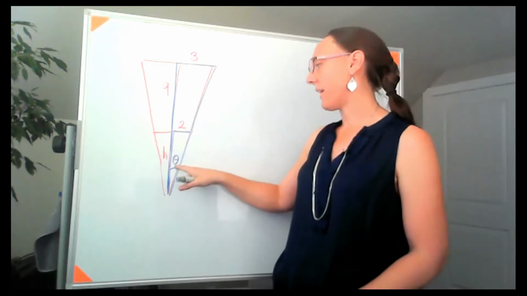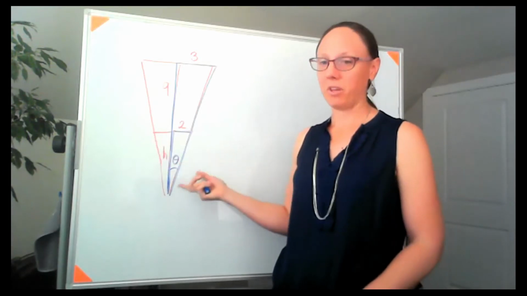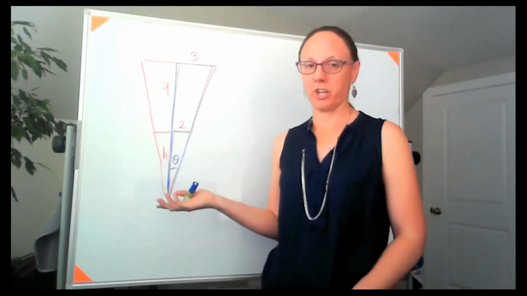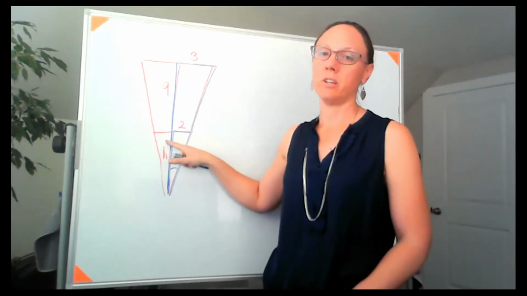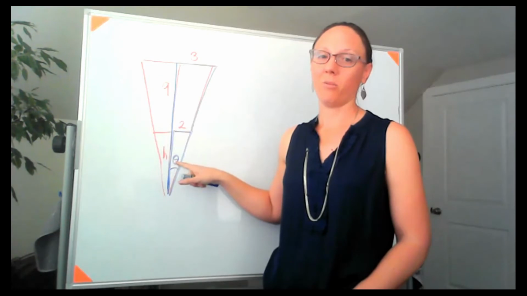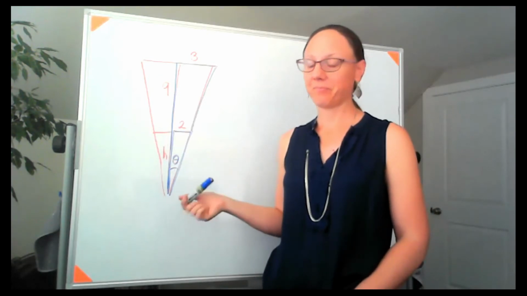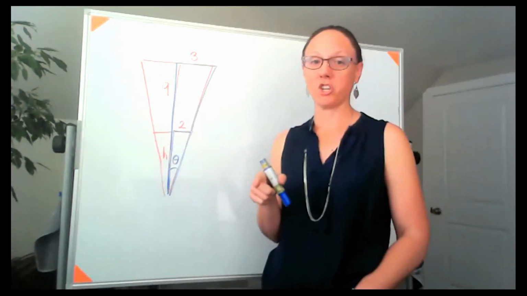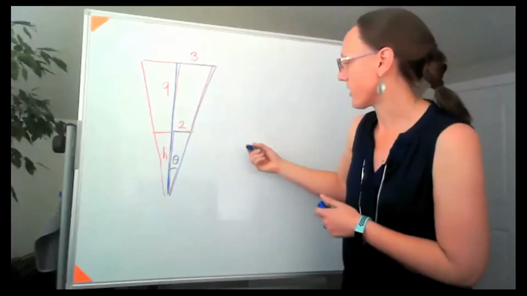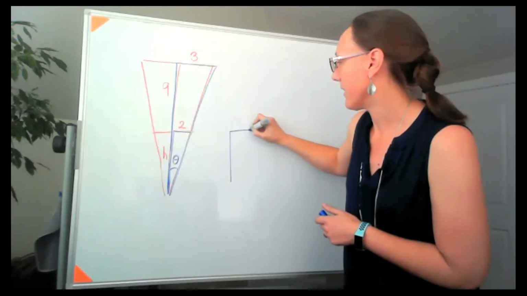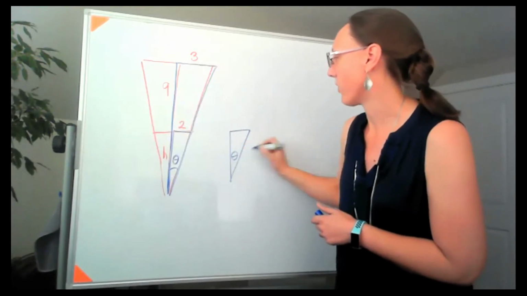So if that's my angle theta, I'm looking for which trig function goes with the sides that I have labeled for this triangle with an angle of theta. Anyone want to type in the chat which trig function would go with these two sides? If I just highlight this triangle here, that's an angle theta.